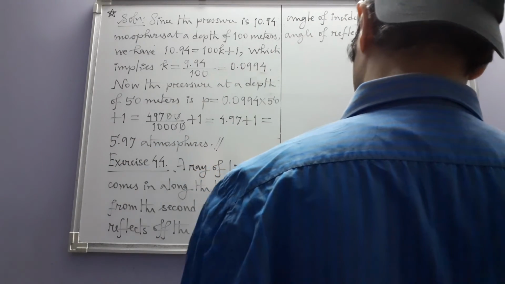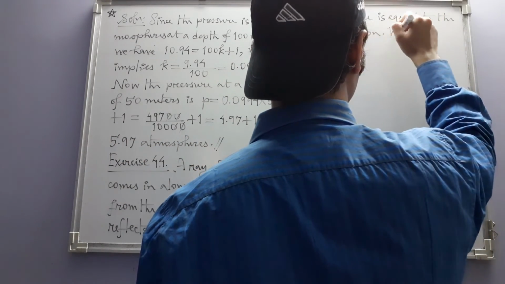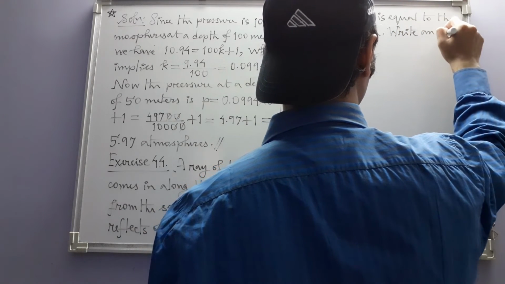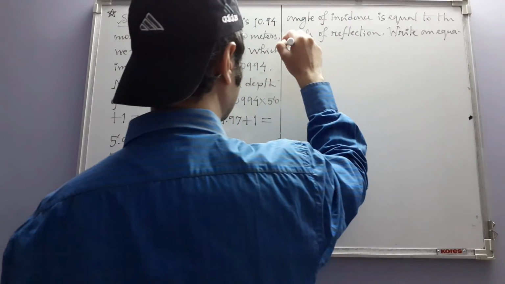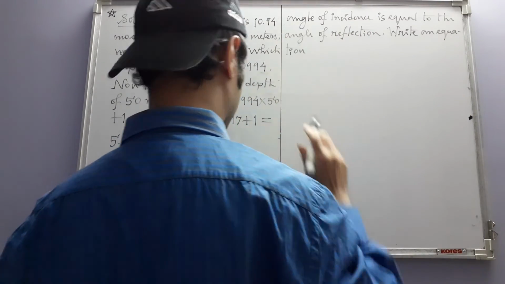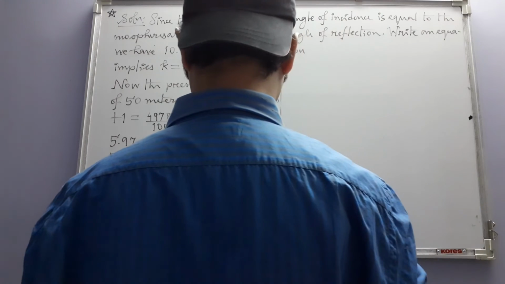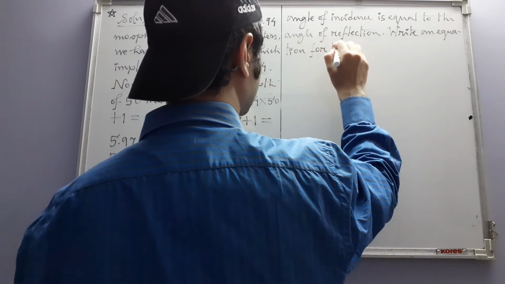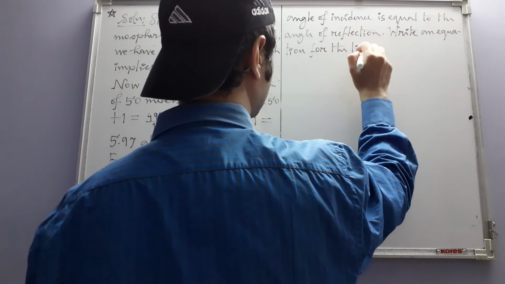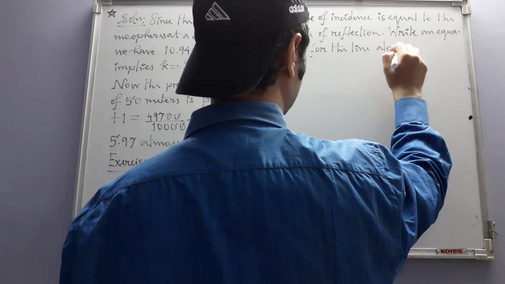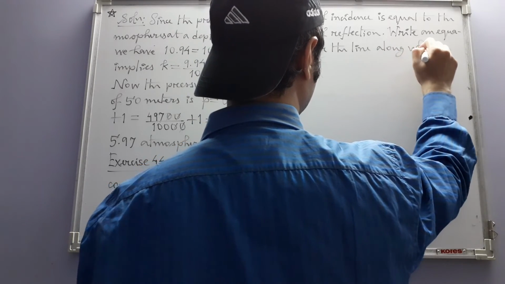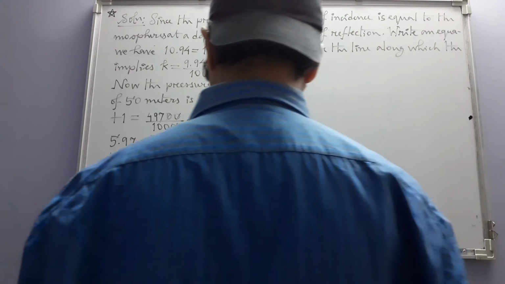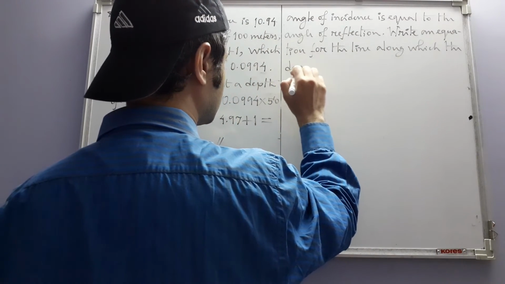Write an equation for the line along which the departing light travels.